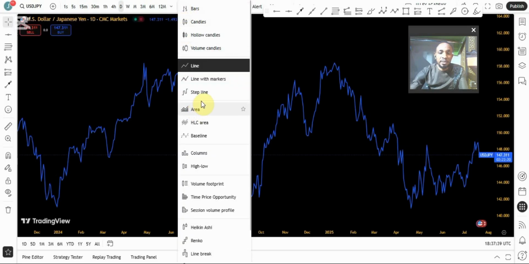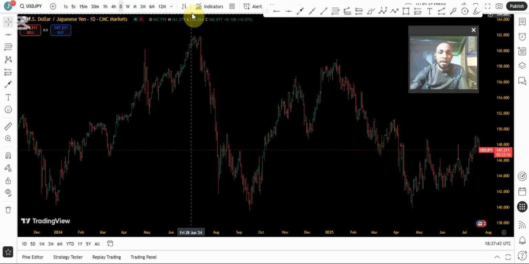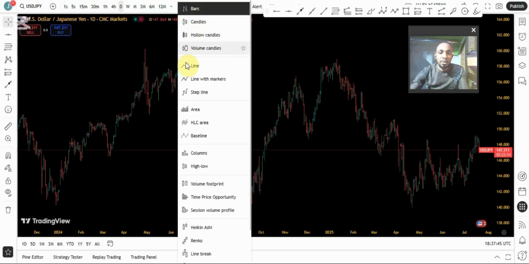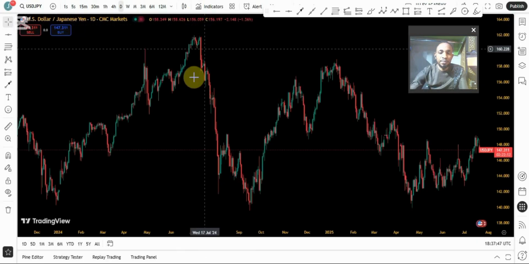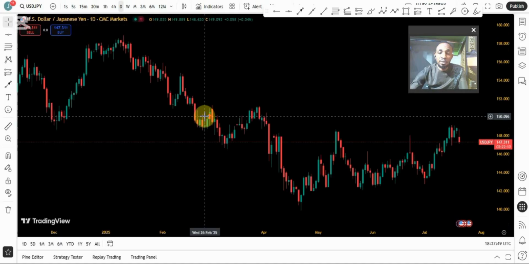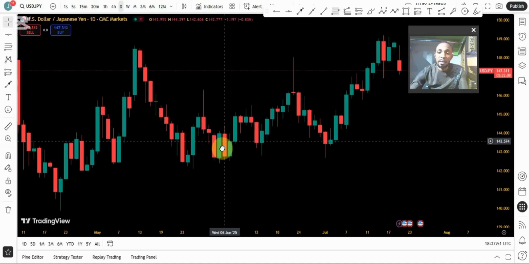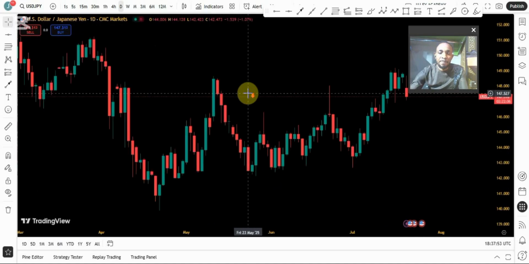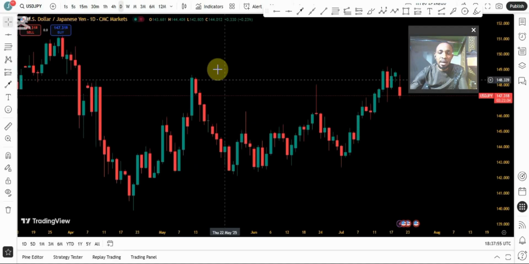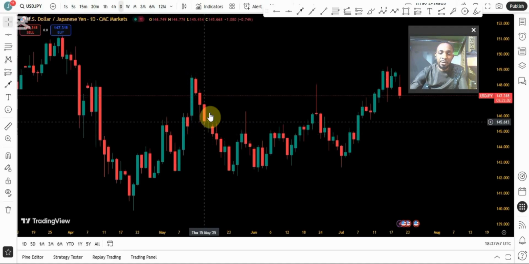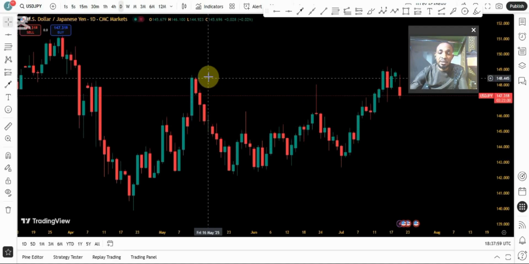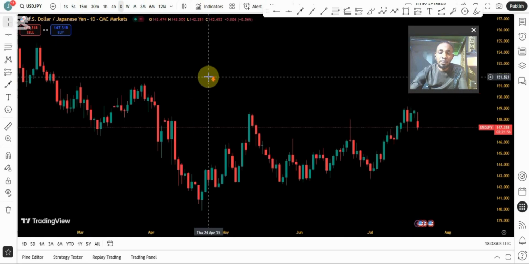This is a sample of the bar chart, and this is the most commonly used one, the candlestick. It is called candlestick because it looks like a candle. Every single candle on this chart provides us information of what is going on in the market.